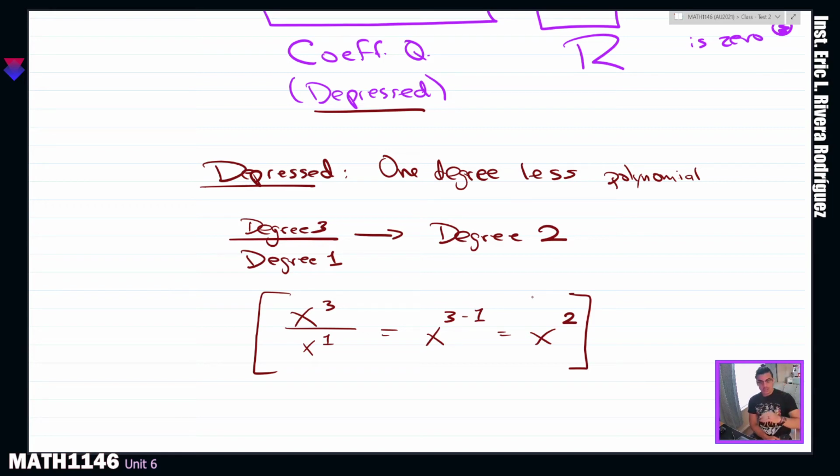The same way, degree of 4 is going to be more difficult than degree of 3. And so on. The higher the degree, the more difficult it is to work with that polynomial. So that's why we want to do the depressed equation, because getting that degree lower is going to help us to continue working with the polynomial itself. Okay, so now the degree that we are going to be working with is a degree of 2.